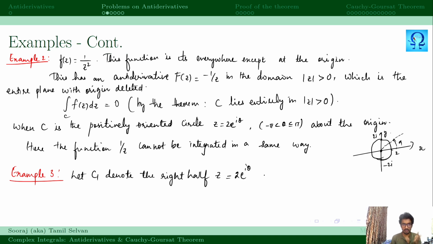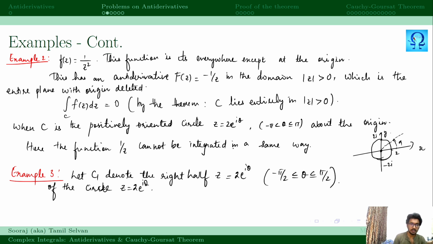We are again considering minus pi upon 2 less than or equals theta less than or equals pi upon 2. Exactly the same circle that we considered in the previous example, and in that circle we are taking only the right half.